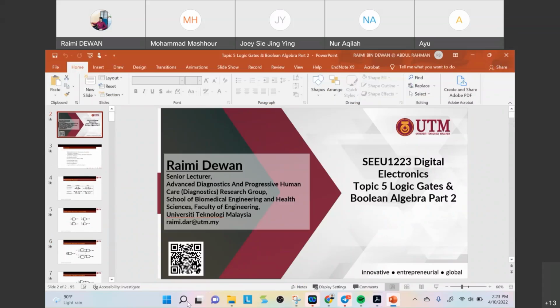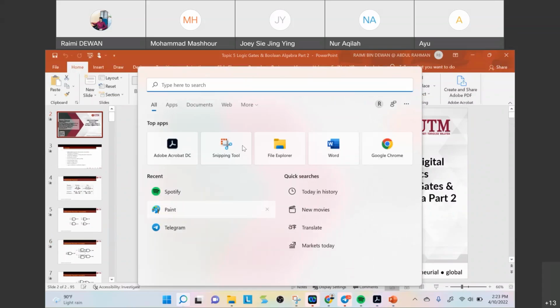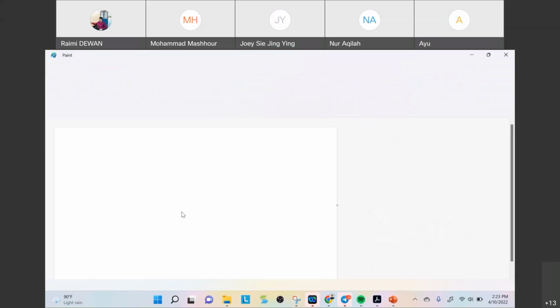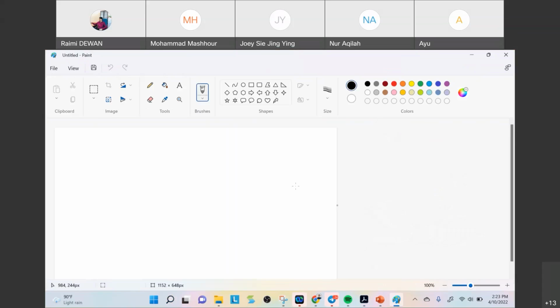Anyway, before we start, I will give a group assignment again. Group exercise number 2. This one will cover the remaining of the number system, 2.9 onwards, and the rest at the back.